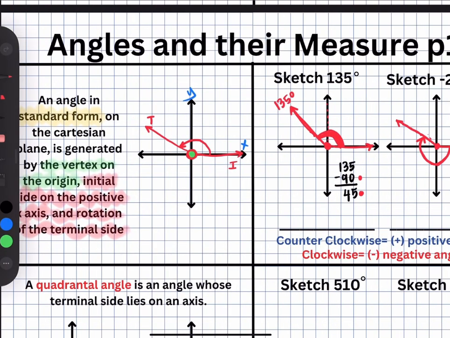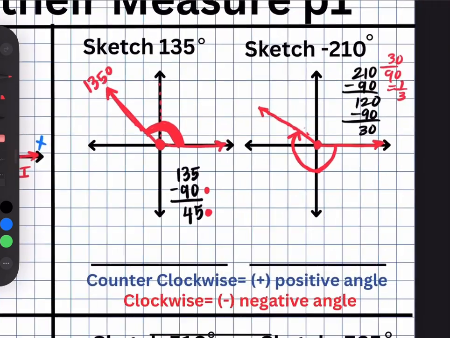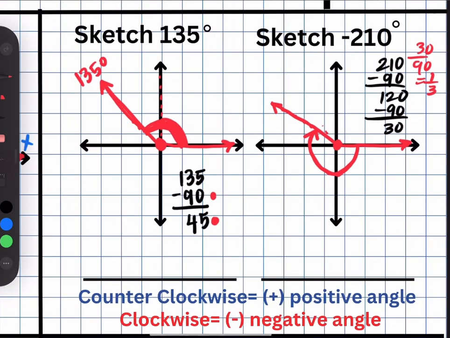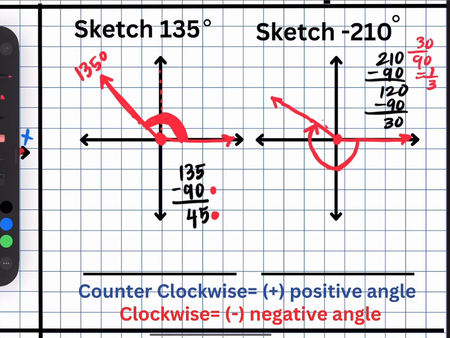Now, looking at these two angles, I also need to determine what quadrant I am in. And if you remember from pre-calculus, this is my first quadrant. Here is my second quadrant, third quadrant, and fourth quadrant.